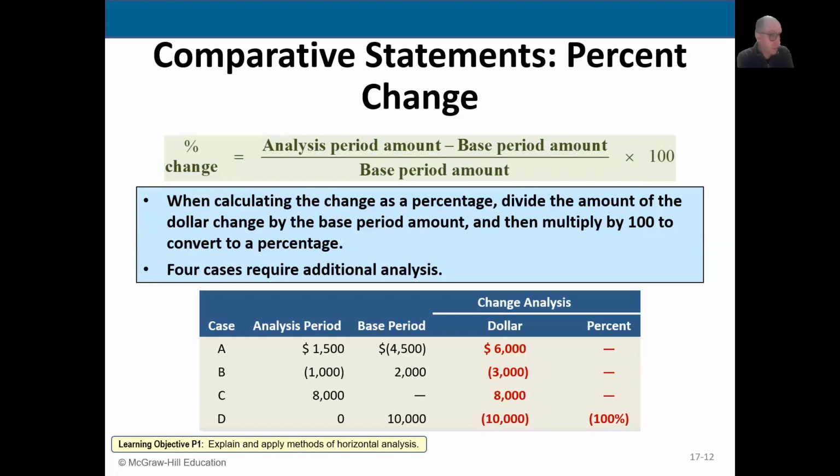Then multiply that by 100. It gives you the percent change. Another mnemonic that I like to use to calculate percent change: you take the new amount minus the old amount divided by the old amount. It's a small mnemonic to remember percent change. So we look at the changes in both dollars and percentages. Let me show you what it looks like.